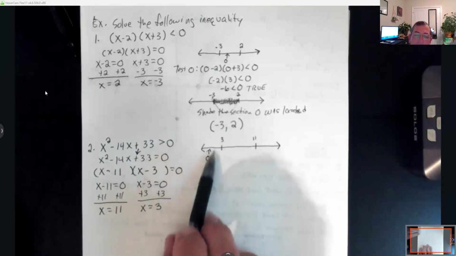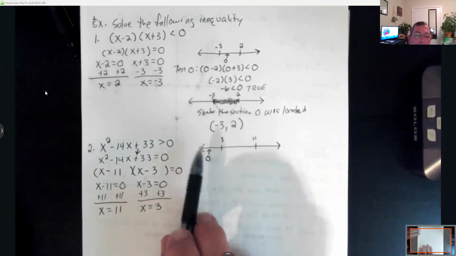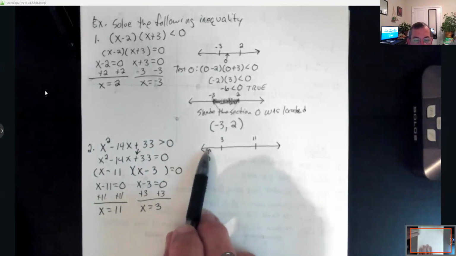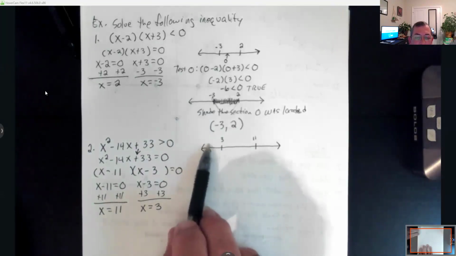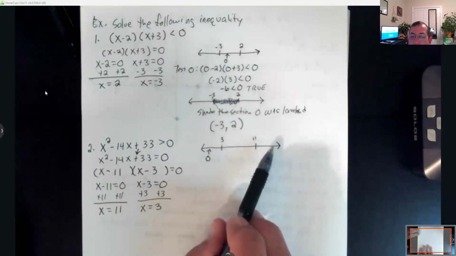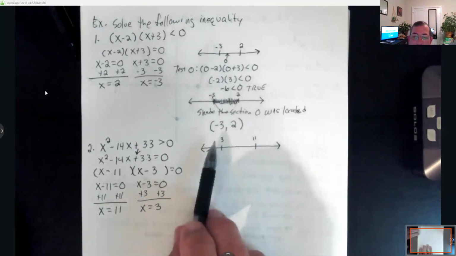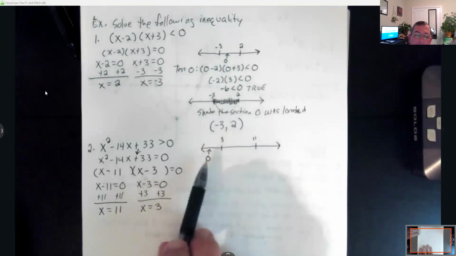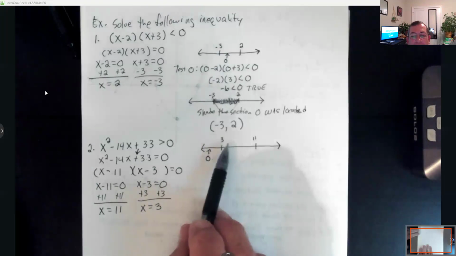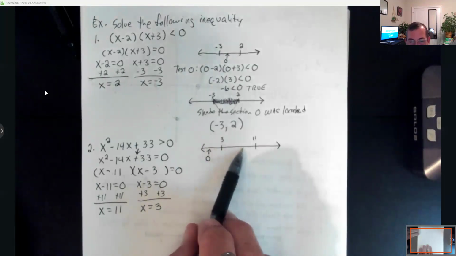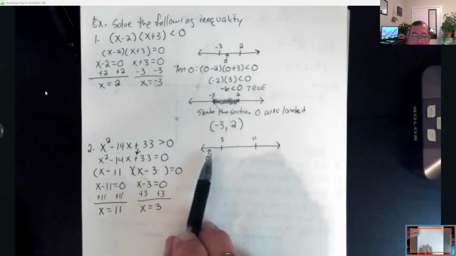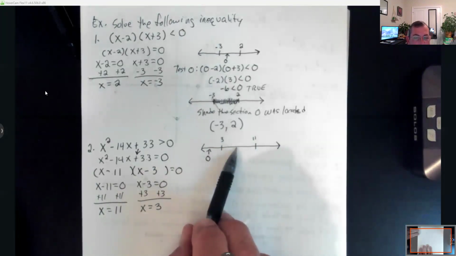So 0's located in the first section this time, but I can still test it, because if it's true for this section, I'll shade this first section and the last section, right? Because these two sections always get shaded together. Now, if it's false in this first section, the only section I'll shade would be the middle, okay? So true, I'll shade the edges. False, I'm only going to shade the middle.